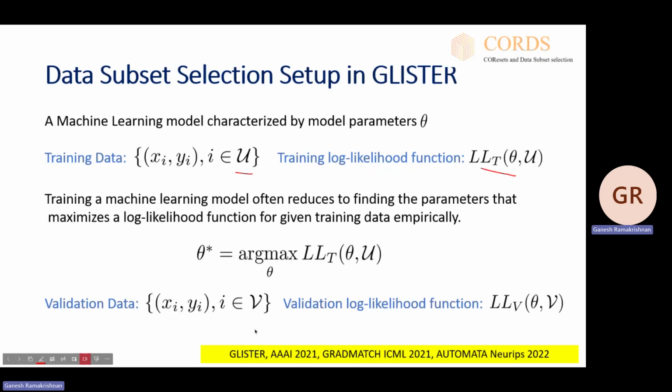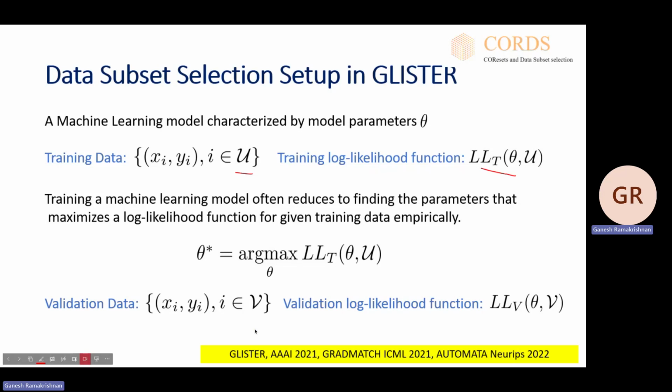So what we did in this paper, we said, well, how about the following? Instead of trying to optimize parameters on the entire training data, find a subset. Let me depict it pictorially, and you may want to draw this.